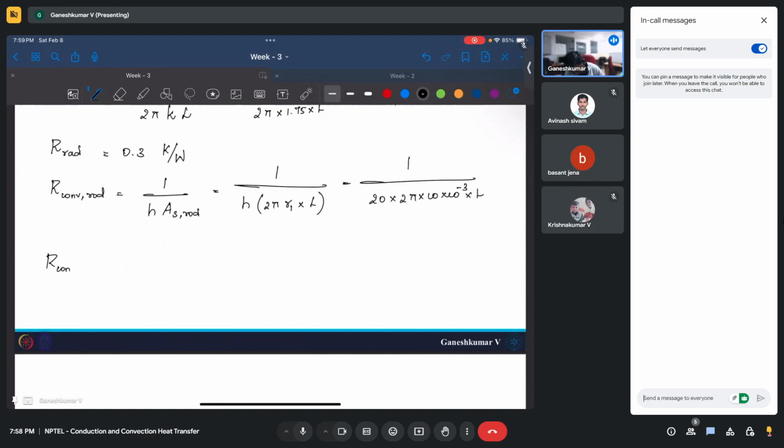Similarly, you can find R convection for the ceramic enclosure, which is 1 divided by h times the enclosure's inner surface area.